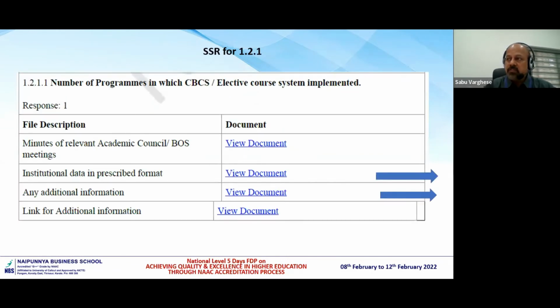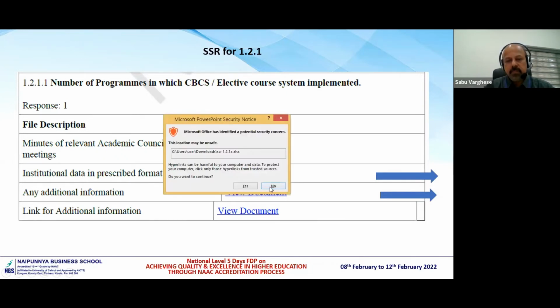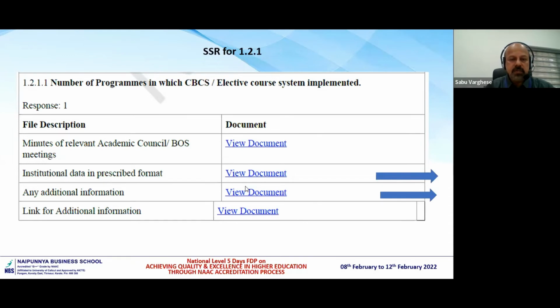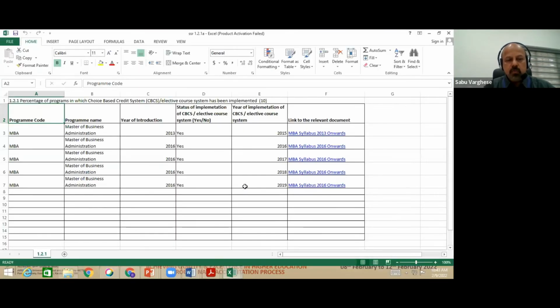And how we made SSR for this metric. Minutes of relevant academic council meeting, we uploaded the syllabus. The institutional data in prescribed format, we did it. We showed for all these years the syllabus we had. Year of introduction was 2015, 16, 17, 18, and 19.